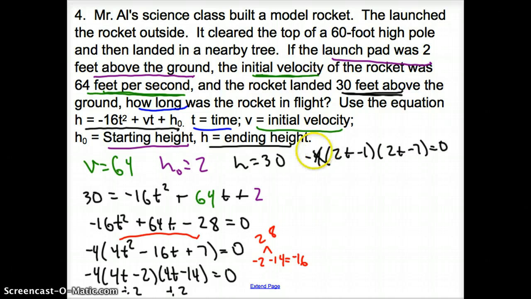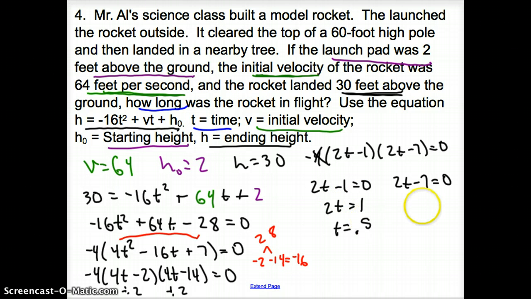Again, this 4 does not matter when we solve. 2t minus 1 equals 0, and 2t minus 7 equals 0. Here I add over the 1, divide by 2, so t equals 0.5 or half a second. And here I add over the 7, so 2t equals 7, divide by 2, t equals 3.5.